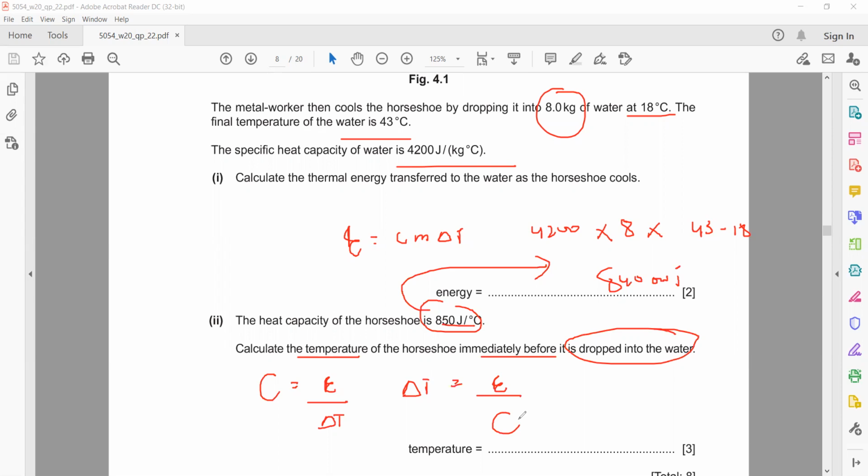So energy, that is 840,000 joules divided by the thermal capacity, which is given as 850.